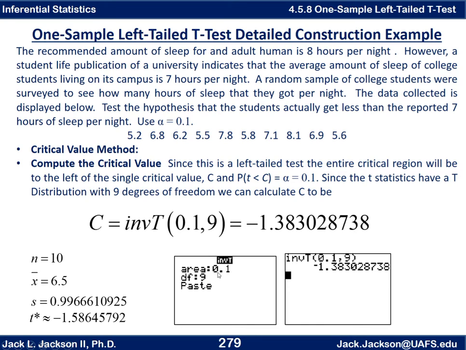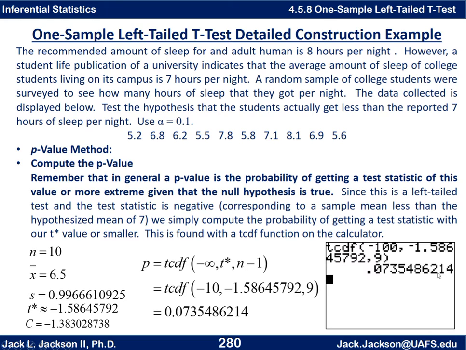Area means the area under the PDF curve to the left of the c value that we're looking for. The area to the left is 0.1, and it's 9 degrees of freedom. In the older calculator, this screen doesn't show up, but you just type it in straight away. Just remember the order. The first number is the probability to the left. The second number is degrees of freedom. Boom, there's your critical value. So it's that easy to compute a critical value. Now we'll make our decision in just a minute by comparing t star to the c value.